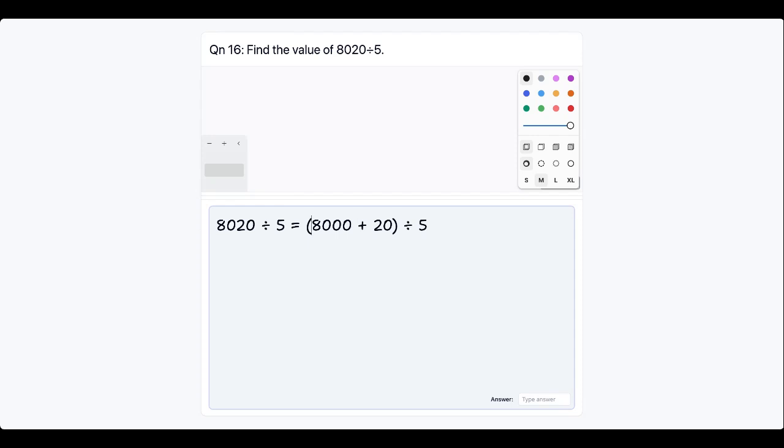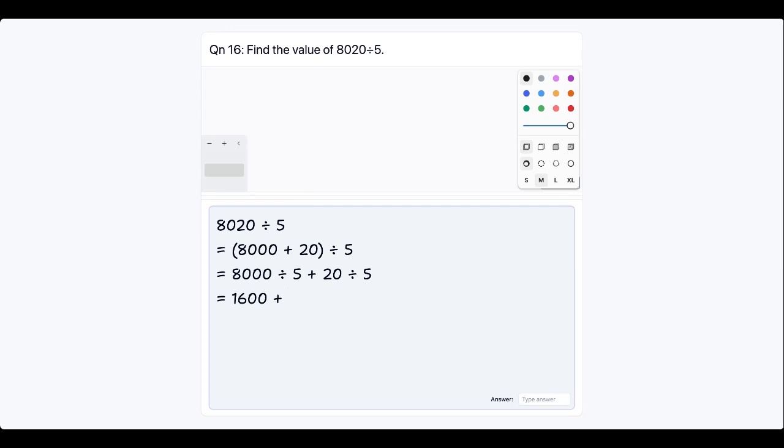When you put it like this, you can just divide the two numbers separately. So 8,000 divided by 5 plus 20 divided by 5. 8,000 divided by 5 should be 1,600, plus 20 divided by 5, pretty straightforward, it's 4.